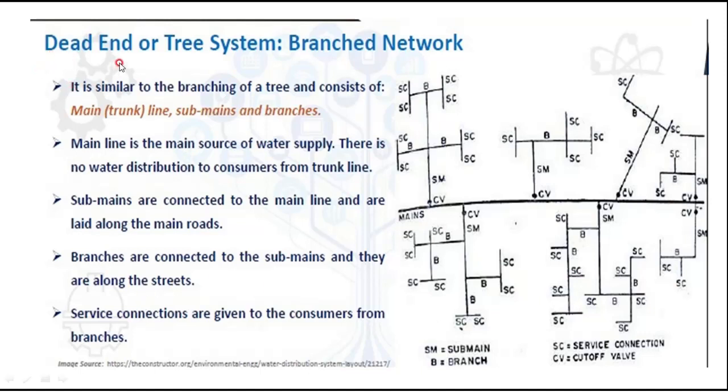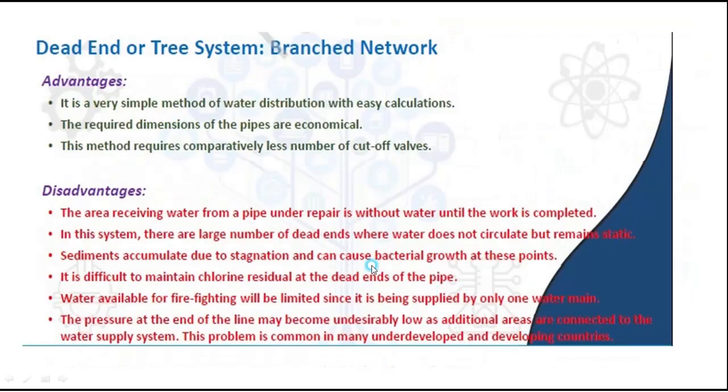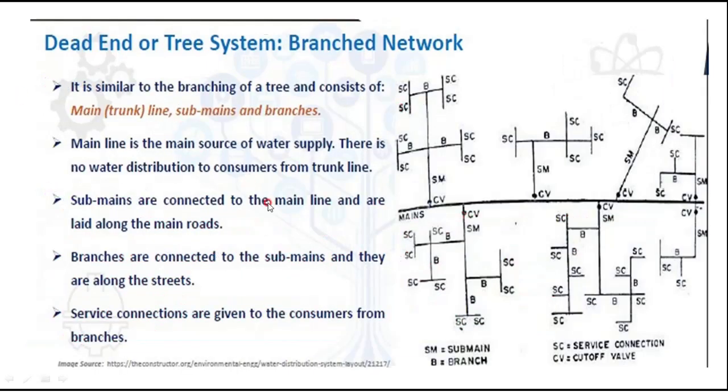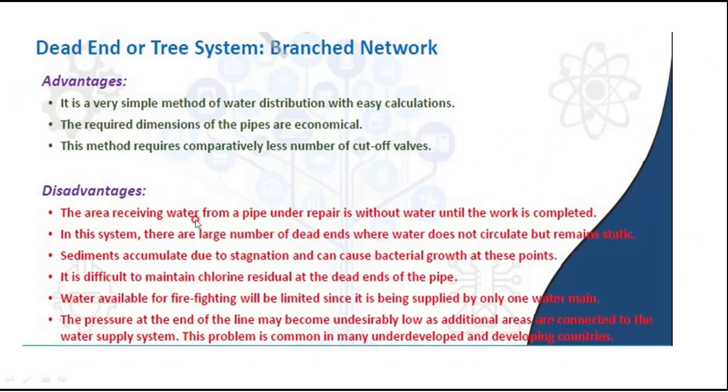Okay, this is the dead end storage system. But still in some cities we prefer, based on merits and demerits, we need to think and we need to provide this one. Here I explained the advantages and disadvantages. You can pause the video and go through this one.